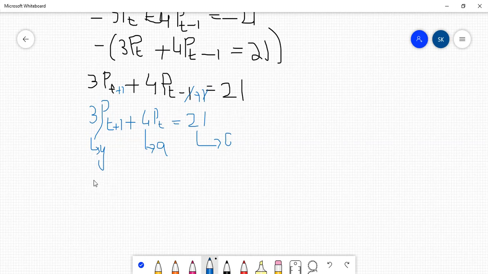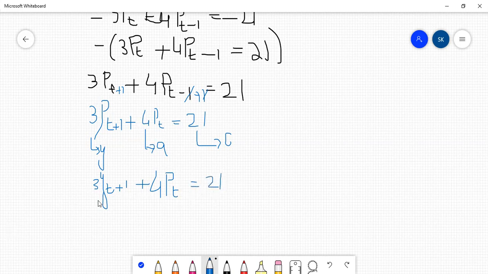It will become 3Yt plus 1 plus A is equal to 4Yt, is equal to C, that is 21.